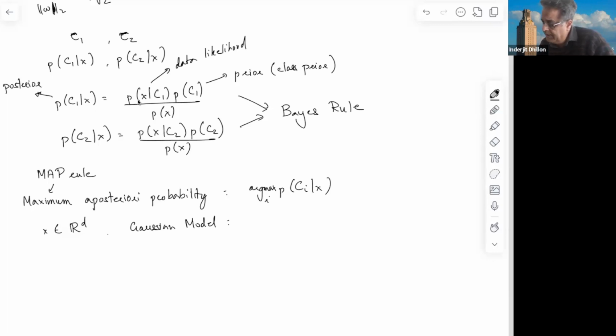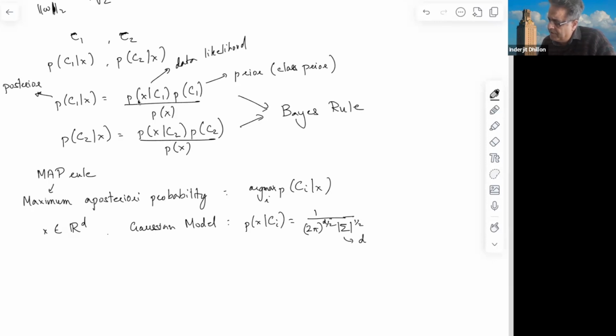So in particular, P of X given Ci is going to be, remember that for each class, I can get the mean vector and the covariance matrix. So it is equal to 1 divided by (2 pi) to the power d by 2 times the determinant of the covariance matrix raised to the power half.